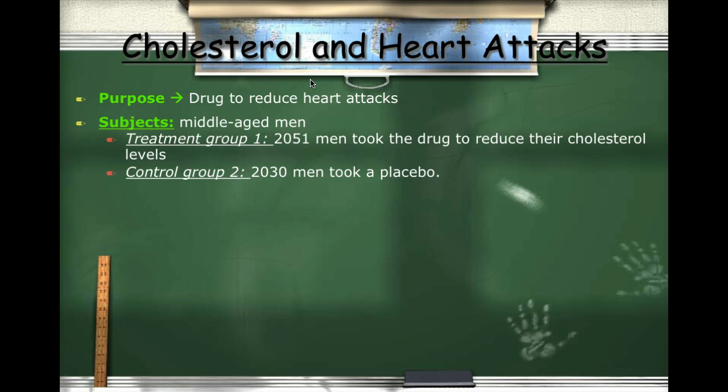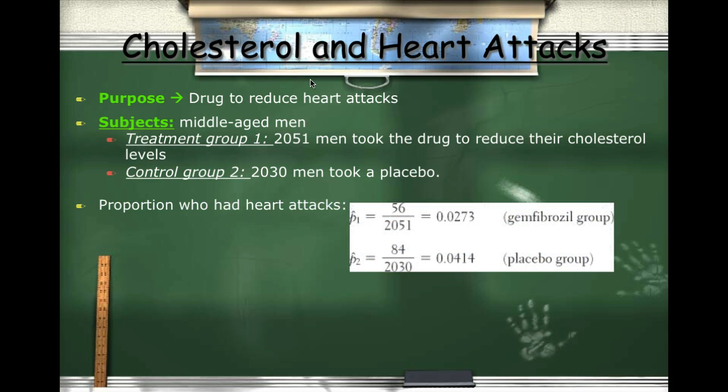Note, they probably didn't know that they were taking a placebo because that would introduce some bias into these results. The proportion who had heart attacks in our treatment group was 2.73%, and the proportion in our placebo group that had heart attacks was 4.14%. Notice my treatment group is in fact lower, so that's interesting.